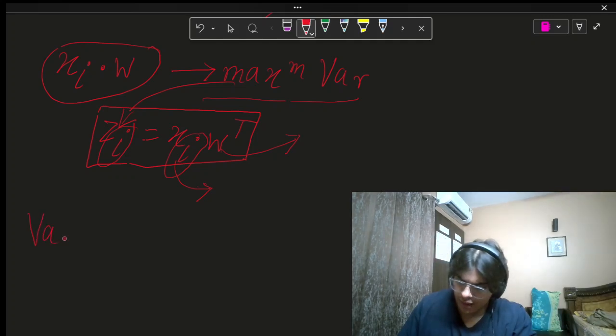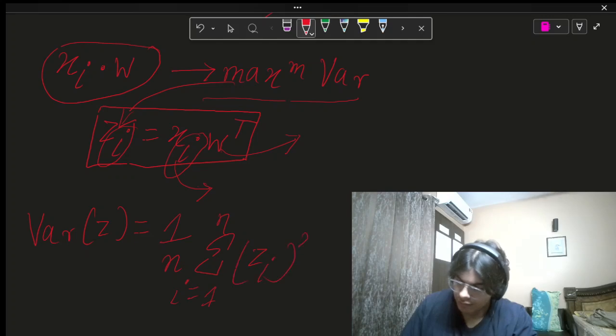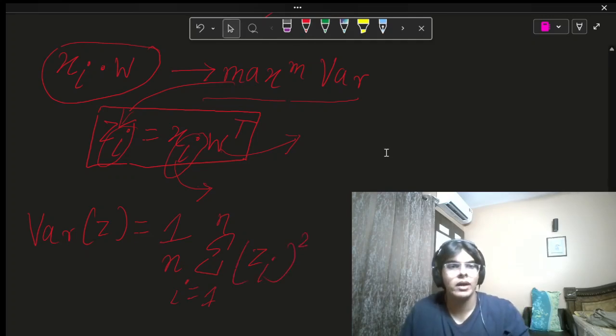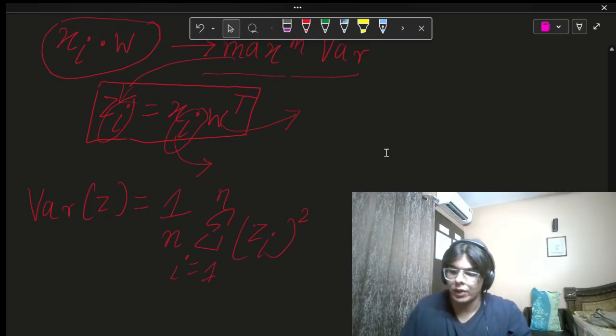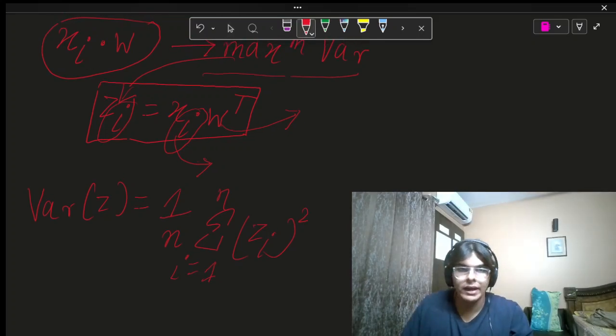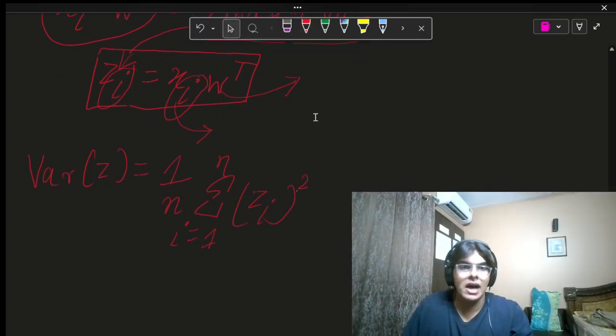So maybe I can write variance of z is equal to nothing but 1 upon n, summation of i from 1 to n, z of i whole squared. Okay, this is how I can say that I calculated the maximum variance. This is how I can write it for all of the i values.